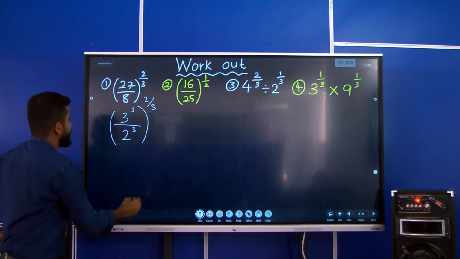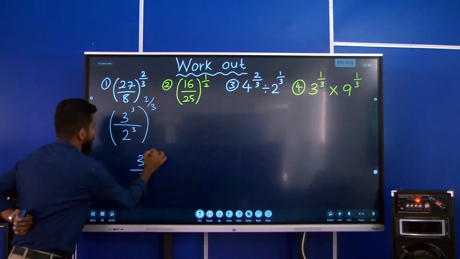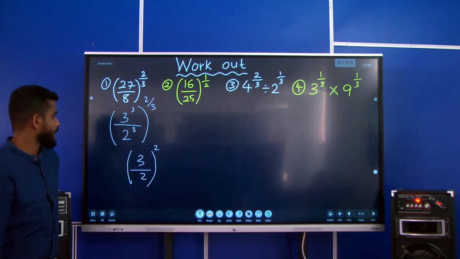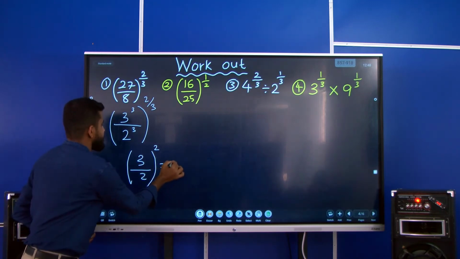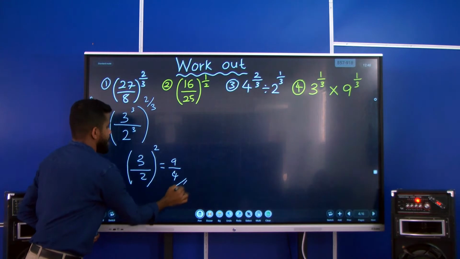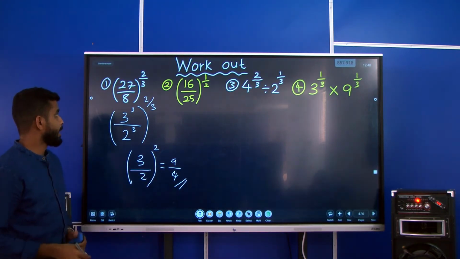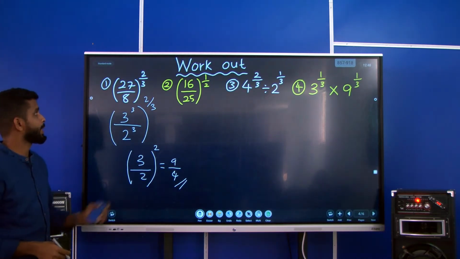Since 2 remains, we can write 3/2 to the power 2. Now see here, 3 squared is 9 and 2 squared is 4. Therefore, we get a fraction for this answer. I hope you are clear with this, and we can go to the other one.